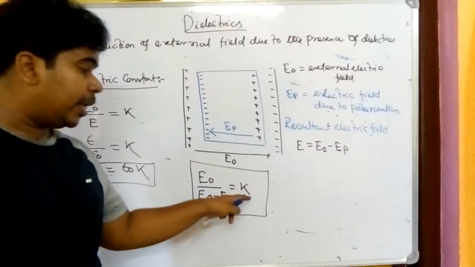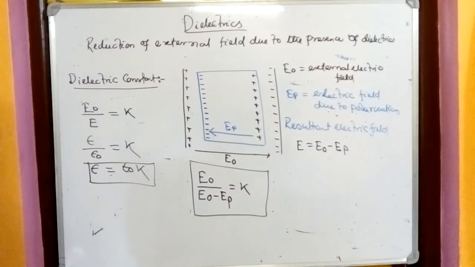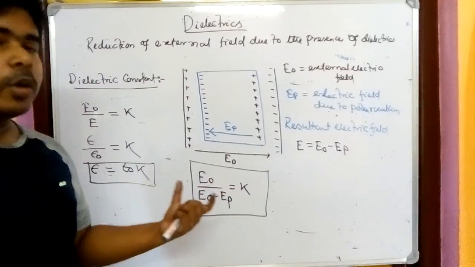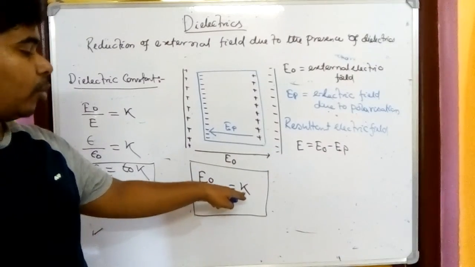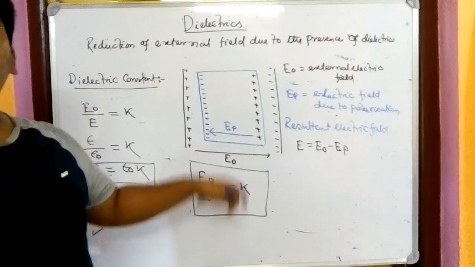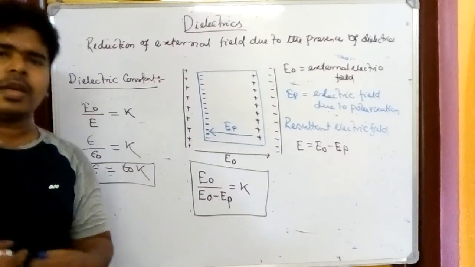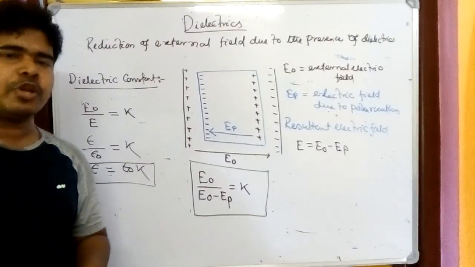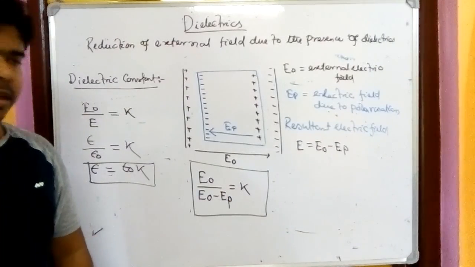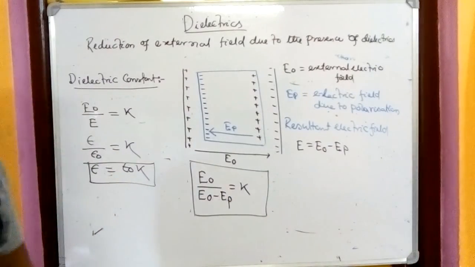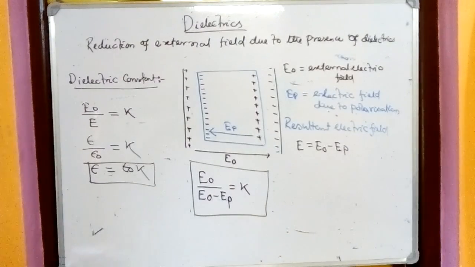Depending on the value of K, we can say what the resultant electric field will be, because depending on the value of K, we can understand how much polarization will occur. So this is the dielectric constant and reduction of electric field. I think this is clear enough.